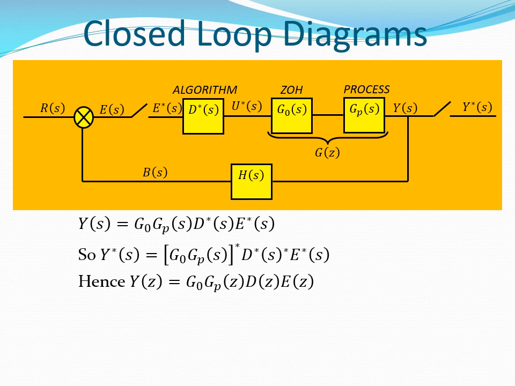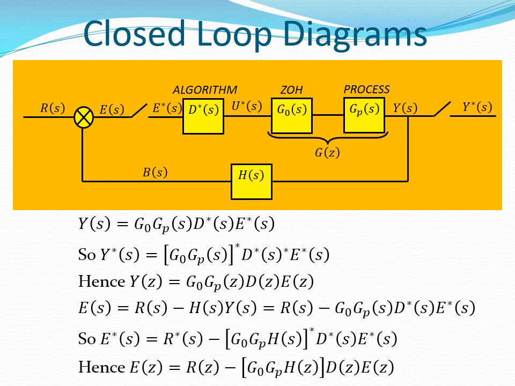After that, we obtain the expression for the sampled output Y star(s). We convert it into the z domain and we obtain the expression Y(z) equals G0Gp(z) D(z) E(z).